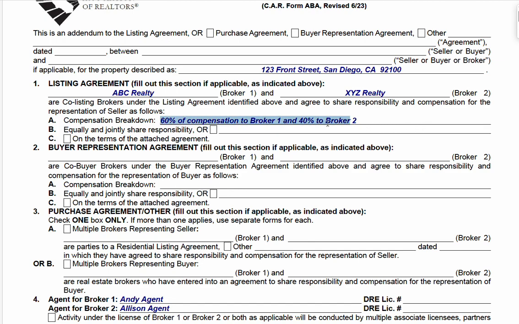That would cover it. Of course, I don't like how vague that is, but you could say something along the lines of compensation, responsibility, duties, and expenses to be split equally, or split 50-50, between brokerages.